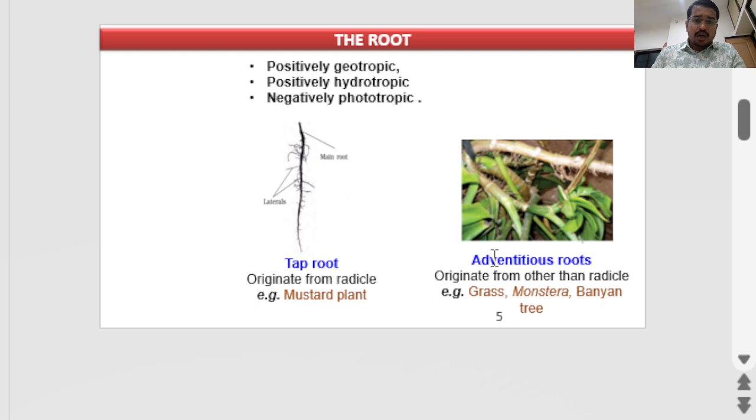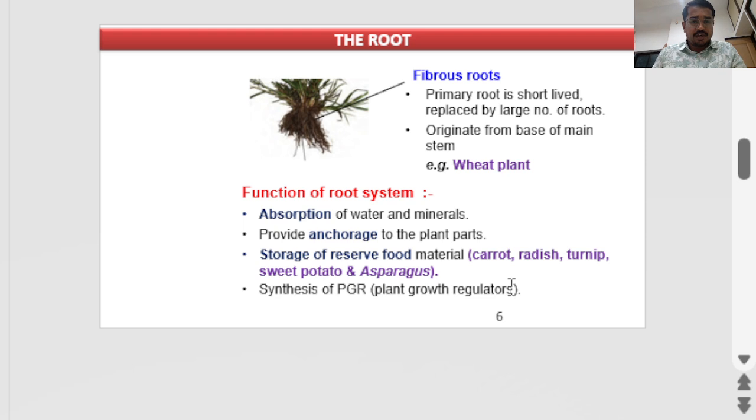Now talking more about taproot and adventitious root, we should remember that the roots which originate from the radicle are known as the taproots, while the roots which originate from a part other than the radicle are known as the adventitious roots. Now there is one more type, that is the fibrous root.